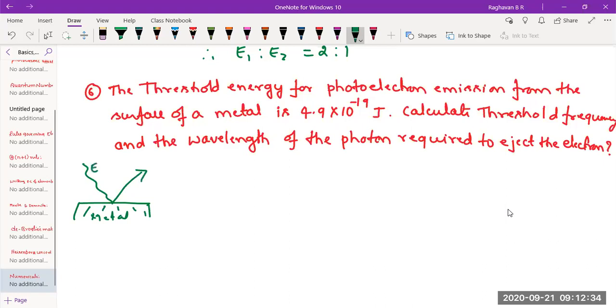Generally E naught we write, which is 4.9 into 10 raised to minus 19 joules. The electron emitted from the photoelectric effect is a photoelectron. So calculate the threshold frequency, nu naught, they're asking.